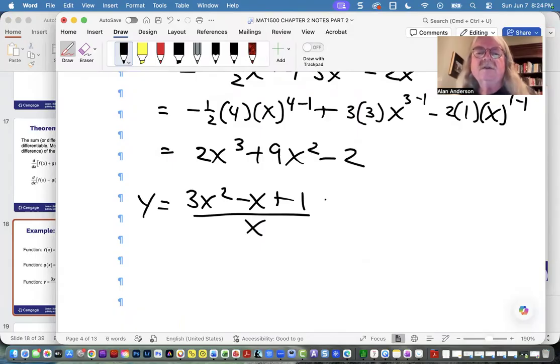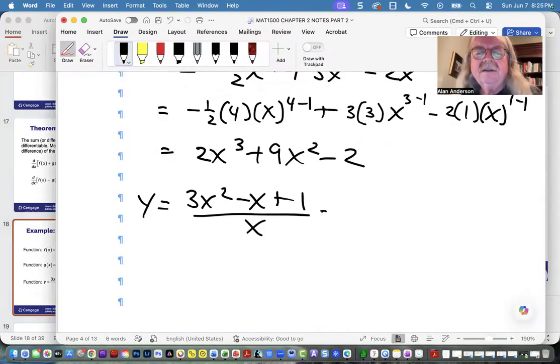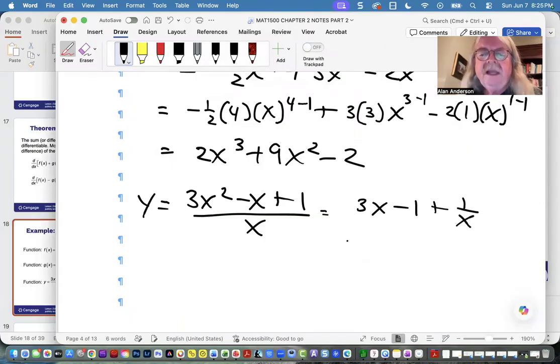So what they want us to do is instead write it like this. We'll actually divide x into each of these terms. And this in turn can be written as 3x minus 1 plus x to the minus 1, and then apply the rules that we do know.